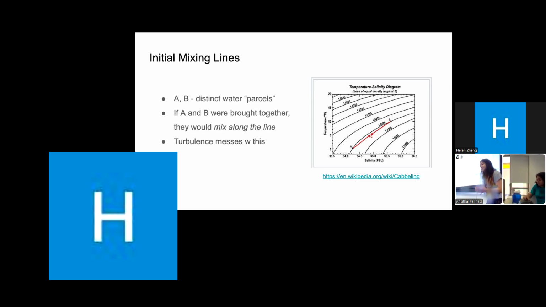If you bring them together, the properties of the resulting combined water mass will be like a linear combination of the properties of the initial water masses. So if you take that intermediate mixed stuff and put it on this line, it should sit on this initial mixing line. It should.